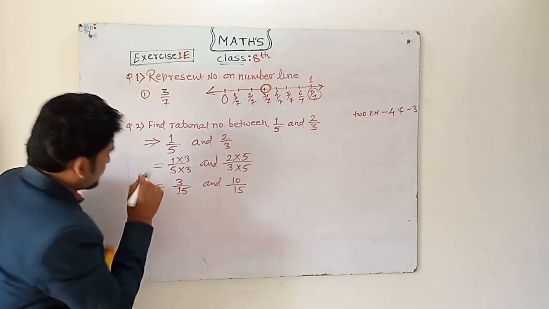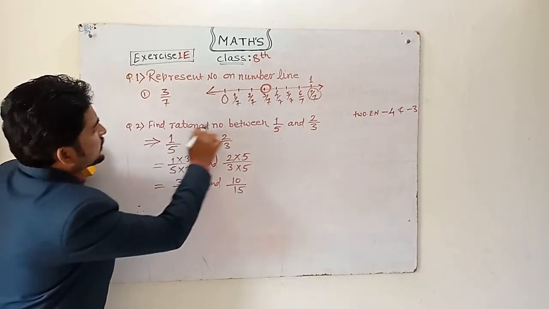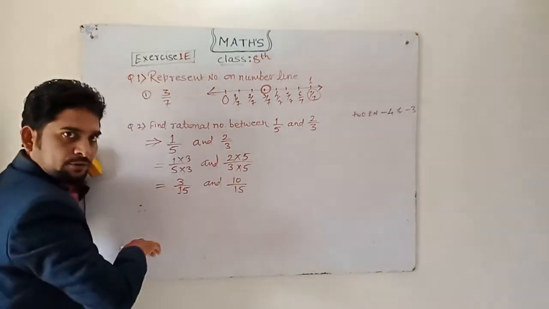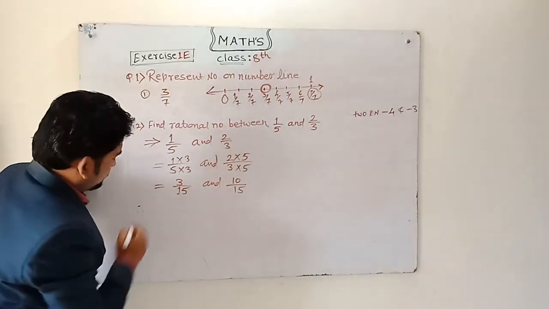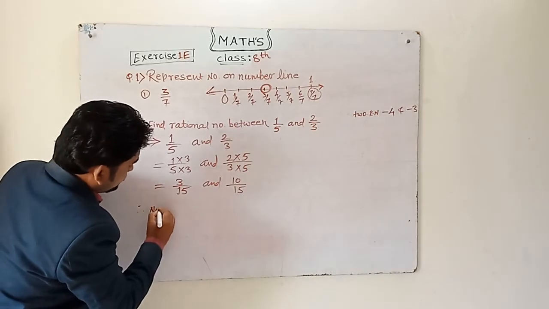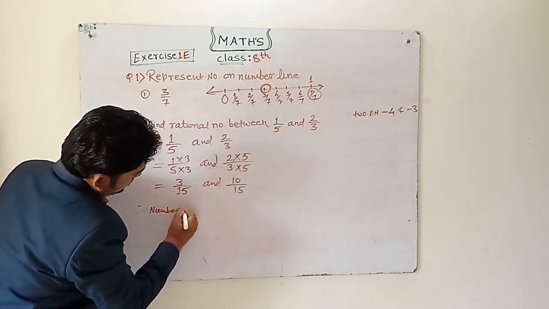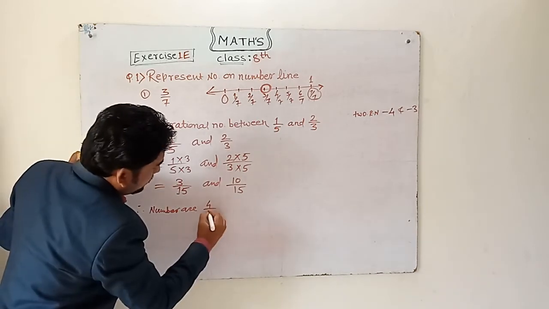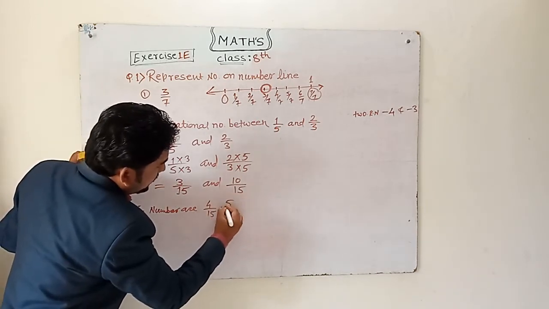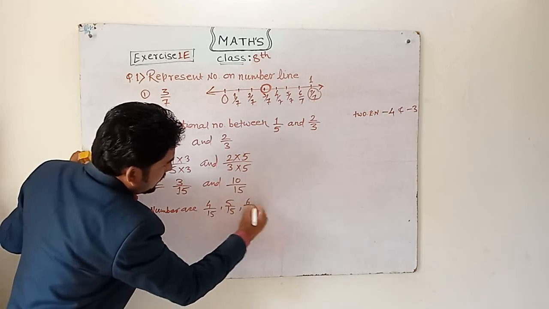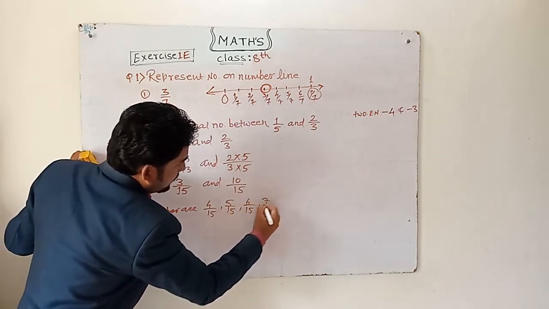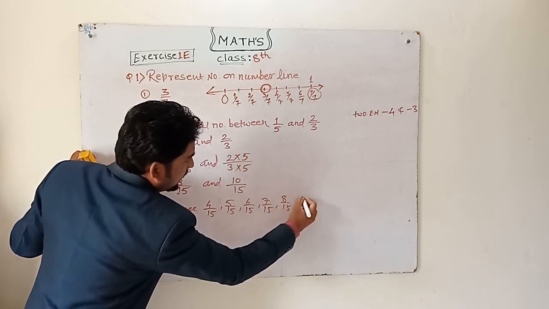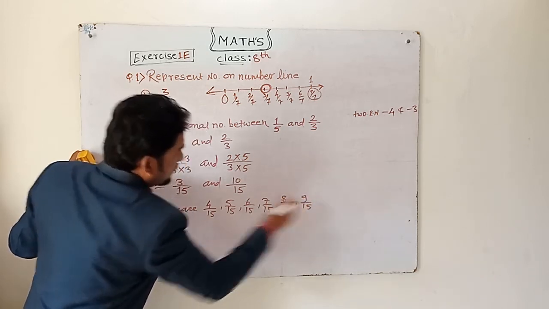Therefore, rational numbers between 1 by 5 and 2 by 3 are: after 3 by 15 come 4 by 15, 5 by 15, 6 by 15, 7 by 15, 8 by 15 and 9 by 15.